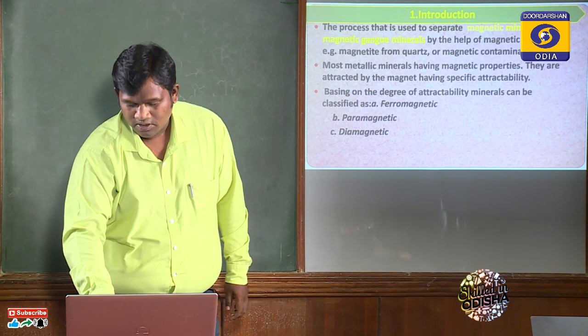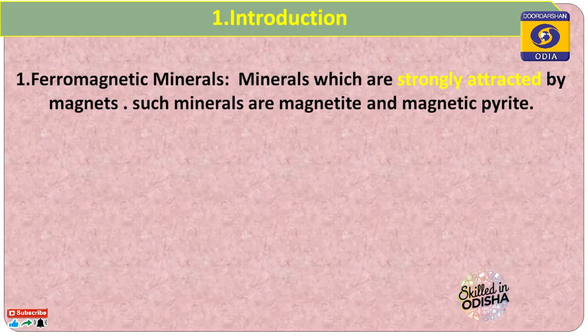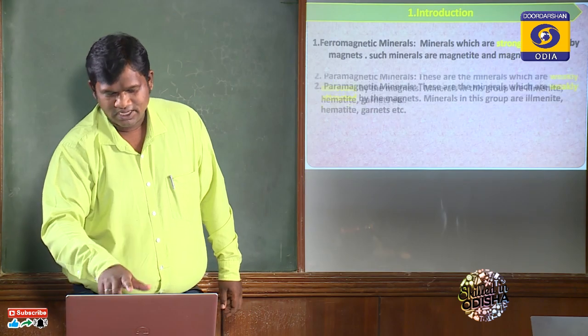Let us come to ferromagnetic. Ferromagnetic minerals are strongly attracted by a magnet. Such minerals are magnetite or magnetic pyrite. The minerals strongly attracted to the magnet are known as ferromagnetic minerals.